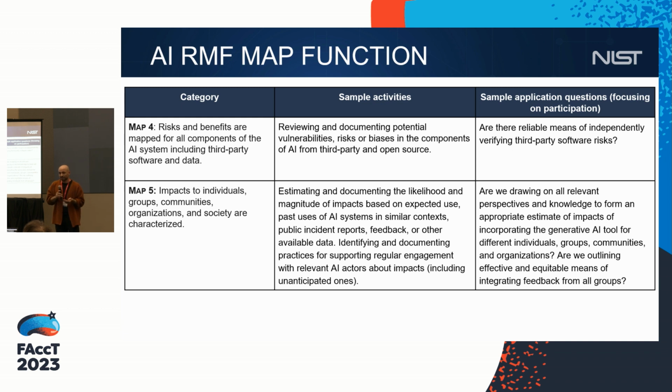Another source of risk that happens a lot is from artifacts such as data sets and software that come from third parties, as well as personnel that come from third parties. And this is also there for language models, generative AI. Sometimes we don't exactly know what the provenance of the data set is that the model is pre-trained on.